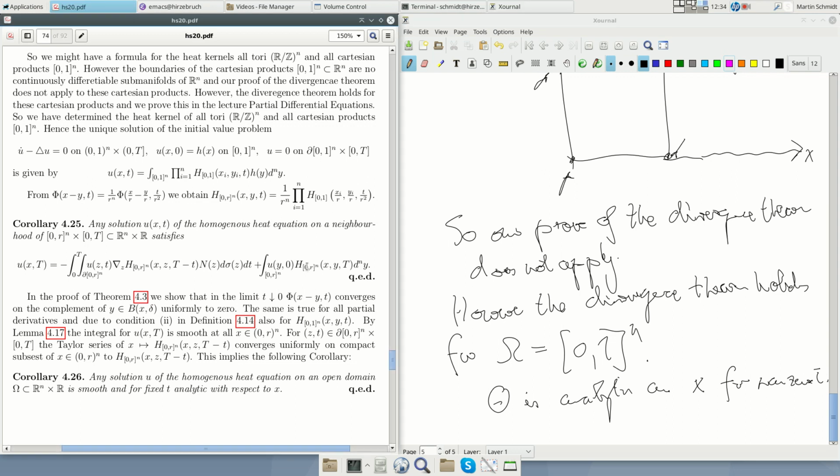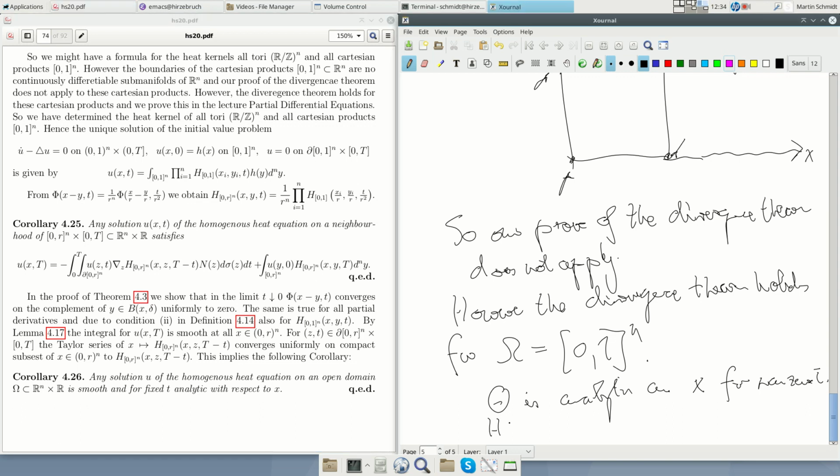There is a problem: if t goes to 0, then it's non-analytic. So the heat kernel of x, y, t is analytic for t larger than 0.